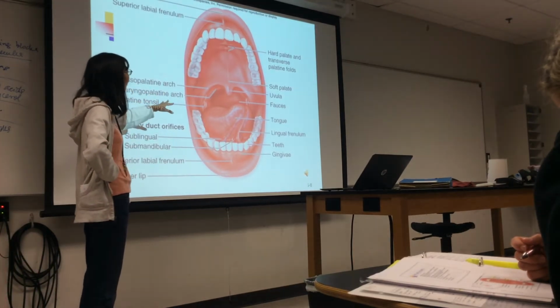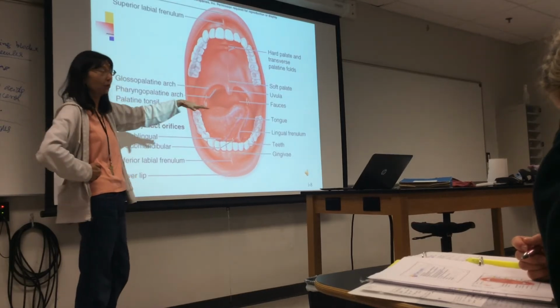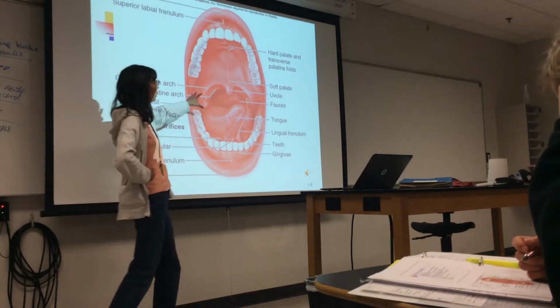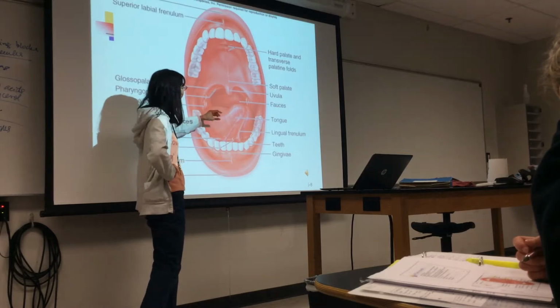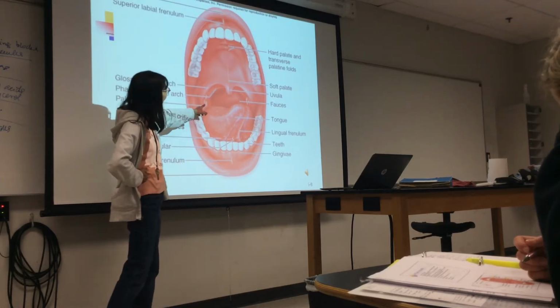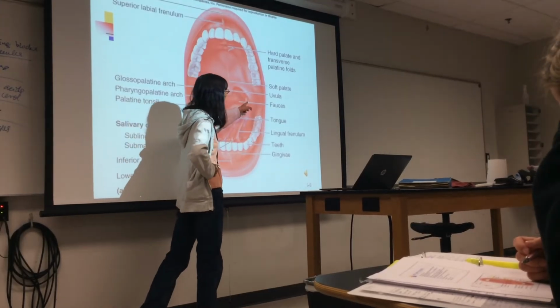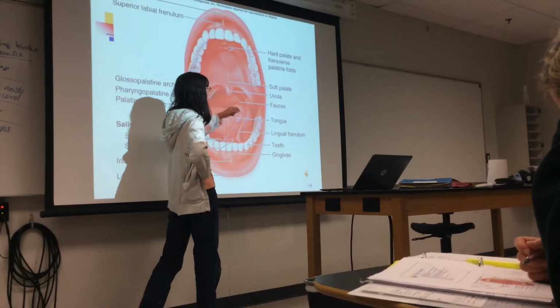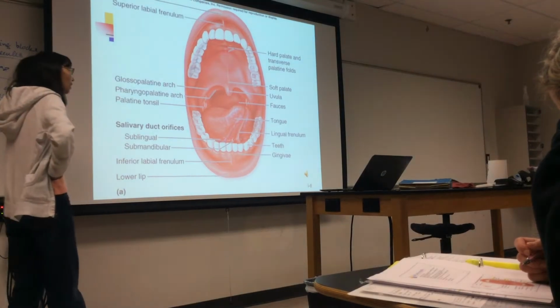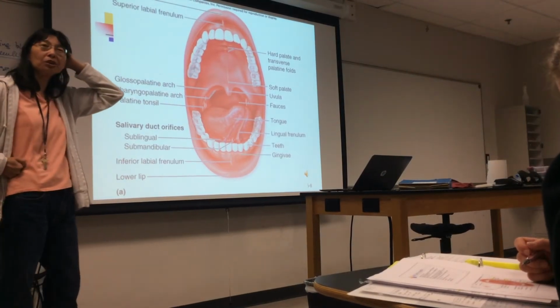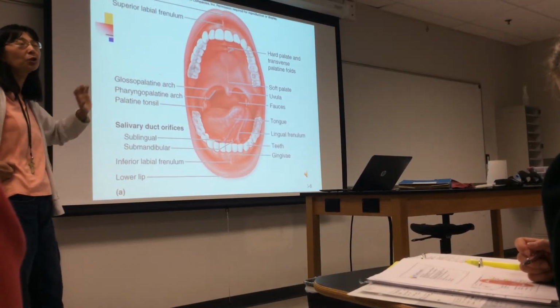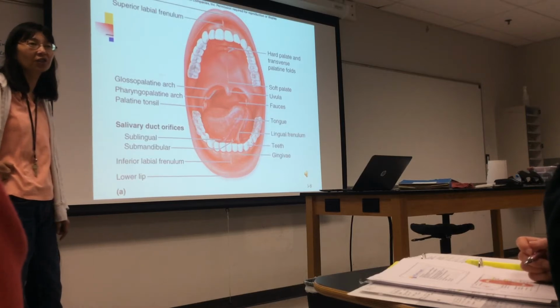Palatine tonsils. Oh, we're going to go into the immune system next. So we have tonsils in this area here, part of the immune system. And you can see them right behind the arch, or between the two arches. Now remember, tonsils are part of the immune system. Is this a strategic location to have tonsils?